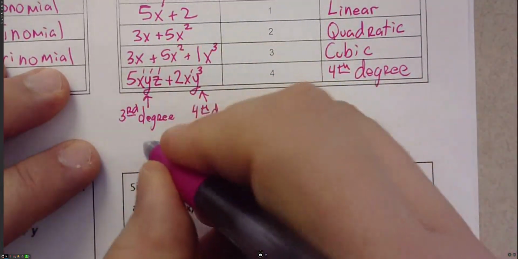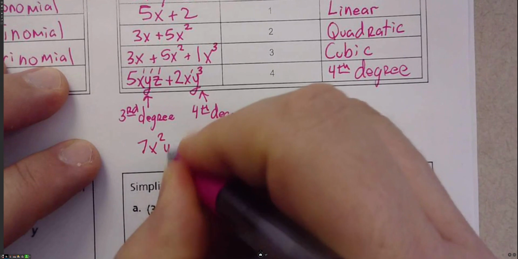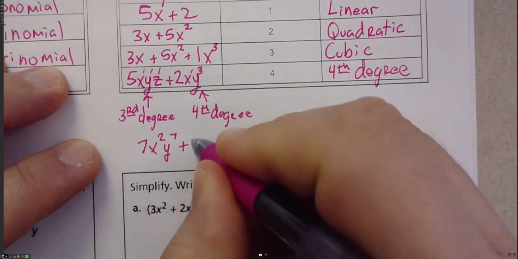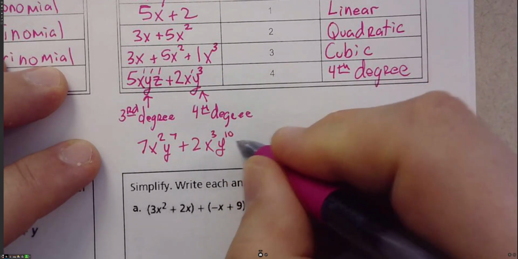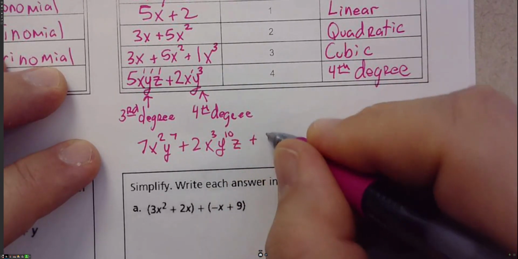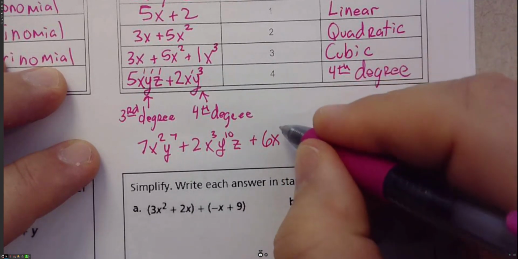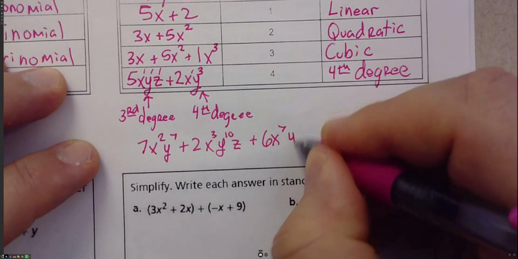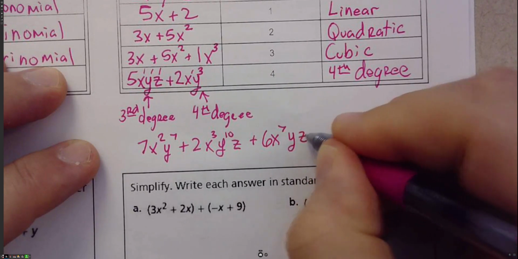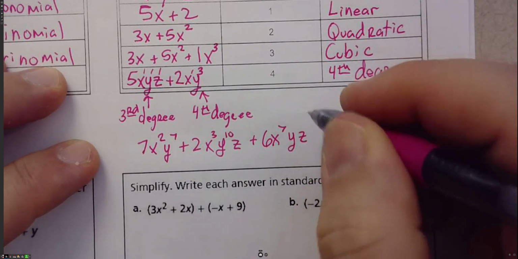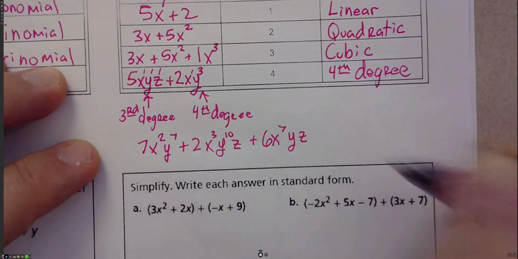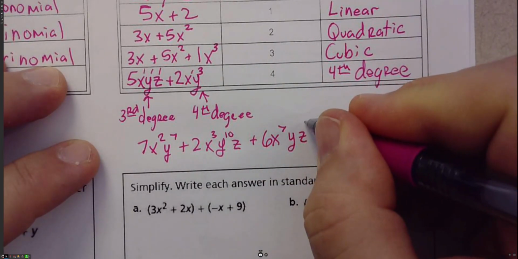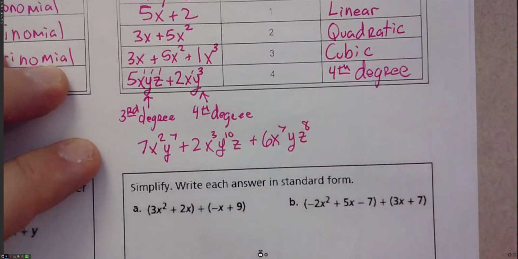Okay, just for funsies: 7x squared y to the 7th plus 2x cubed y to the 10th z plus 6x to the 7th y z to the 8th.